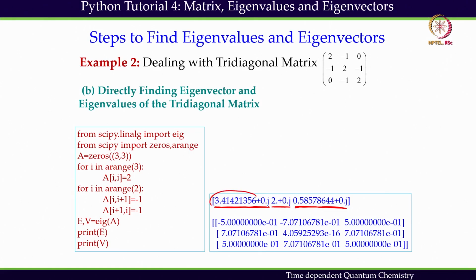So there are 3 eigenvalues, and the corresponding eigenvectors are the following: this is the right eigenvector corresponding to this one, and this corresponds to another. So, there are 3 eigenvectors I have found, all in grid representation.